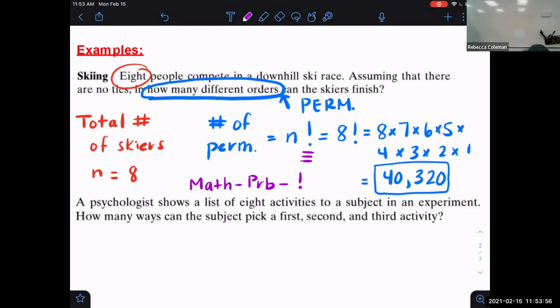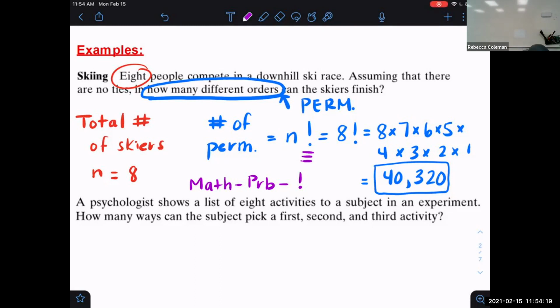Is everybody able to find it on their calculator? Anybody not find it? It should look like an exclamation point. It's either going to be on a key or it might be under a math menu or a probability menu. Yep, that's where yours is. So go back to your home screen.